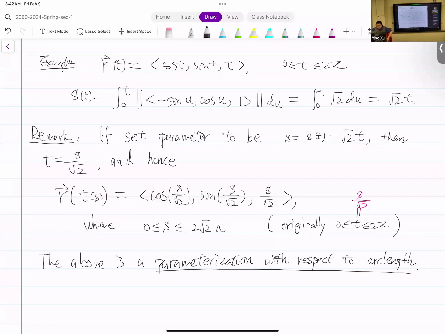So as you think about it, if you parameterize your time in different ways, then along the same space curve, you may have different parameterizations. Okay? So basically, you can imagine that the space curve is like a road in space, and you're driving along that space curve.